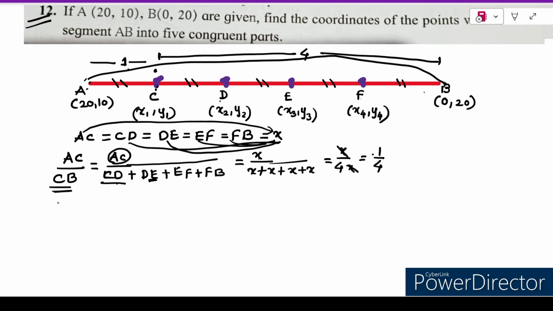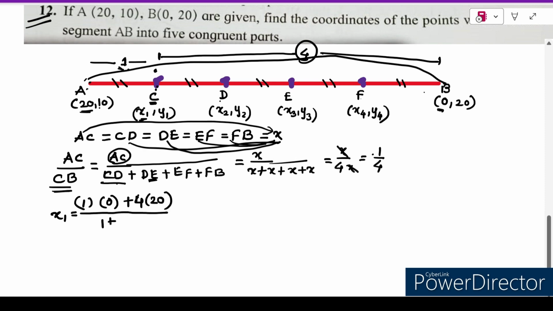Therefore by the section formula, we can easily find the coordinates of C. The x coordinate will be m x2 plus n x1 divided by m plus n. The value of m is 1 and x2 is 0, plus n, which is 4, into x1, which is 20, divided by m plus n, that is 1 plus 4.